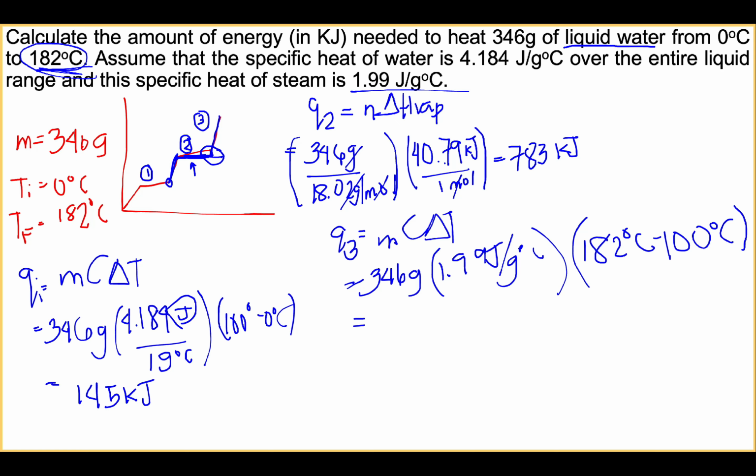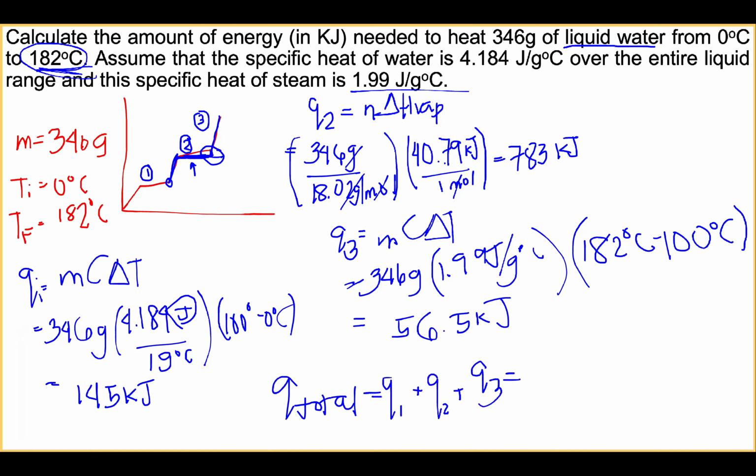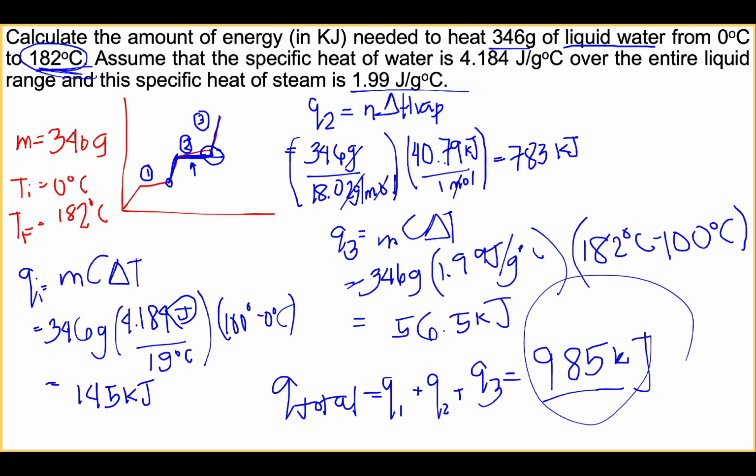Then compute, this will give us 56.5 kilojoules. Then compute for the Q total, you just have to add everything. This will give us 985 kilojoules. Three significant figures. This is our final answer.